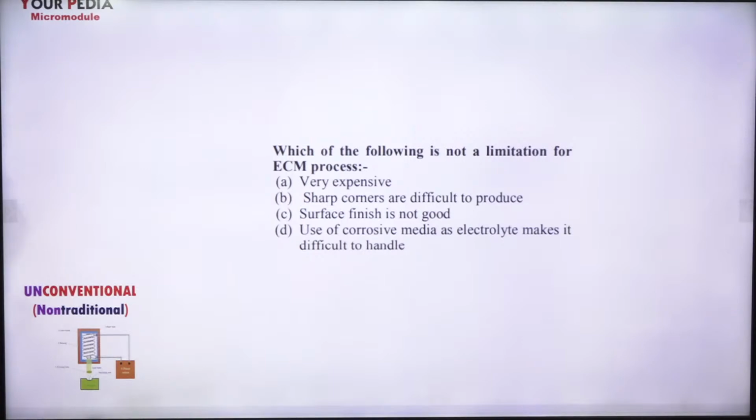Sharp corners are difficult to produce in electrochemical machining because material removal is by ion displacement. Corrosive media, electrolyte is used. Surface finish is good, so that is not a limitation.